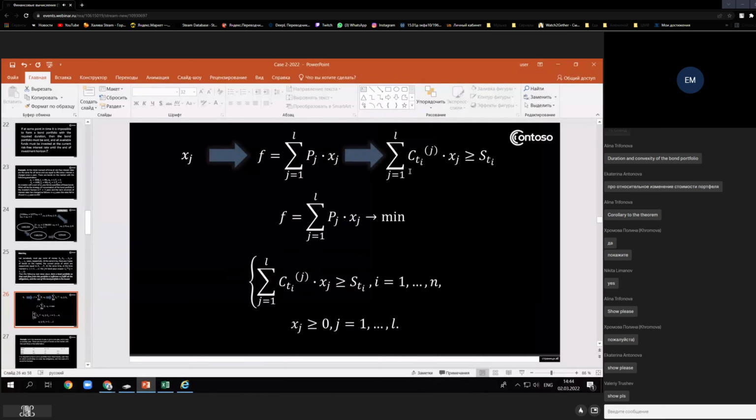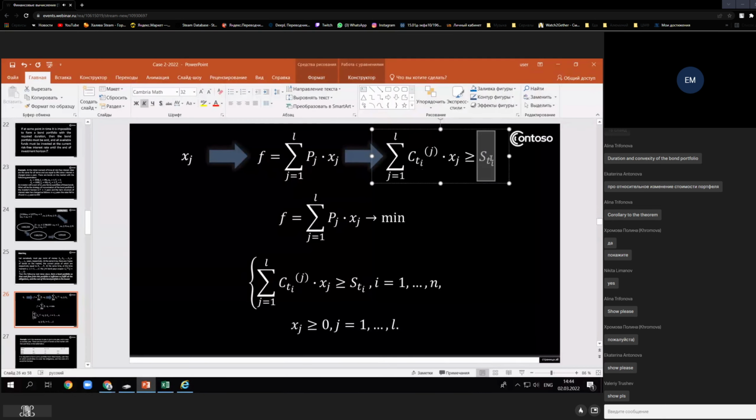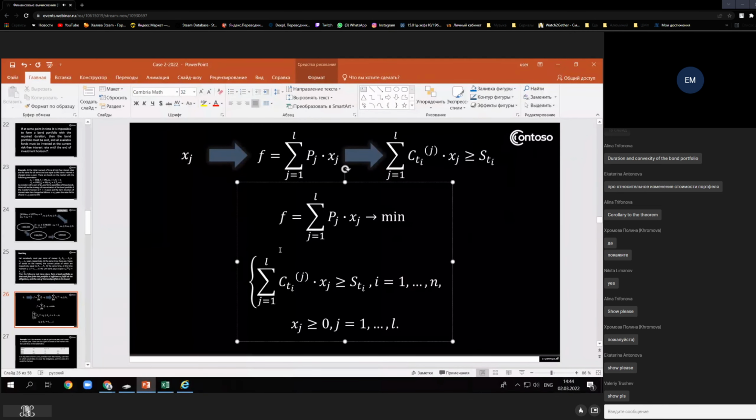This cash flow in each particular moment of time of future payments should cover your future payments. Of course, we want the cost of this new bond portfolio to be as low as possible. Of course, the weights will be non-negative because short sales are also prohibited. Good. And that's all.